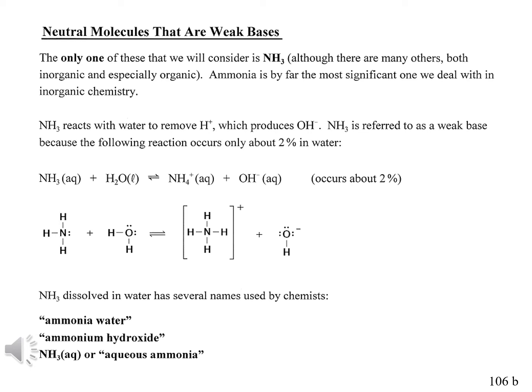The only place where you see ammonium and hydroxide together is in solution, and at that time it's only about 2%. I call NH3 aqueous exactly what it is. NH3 aqueous. It's aqueous ammonia. It's ammonia dissolved in water, and that is what the solution actually is.